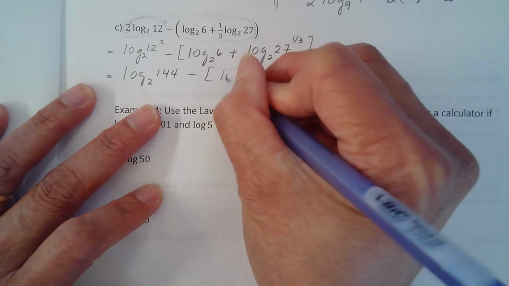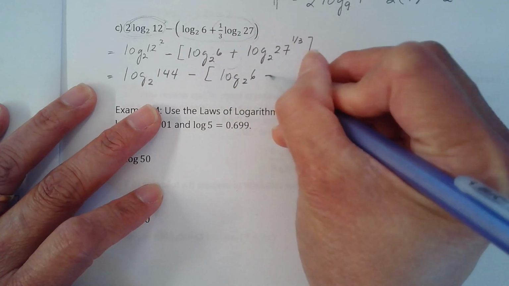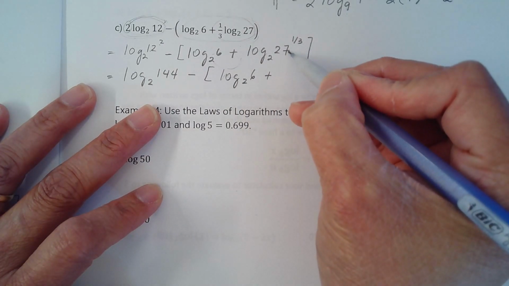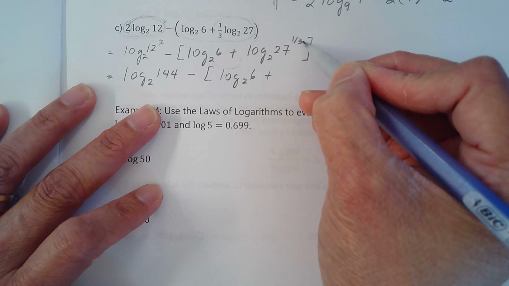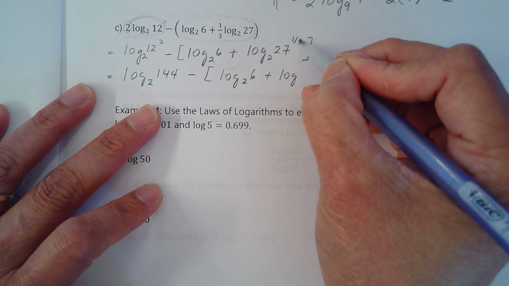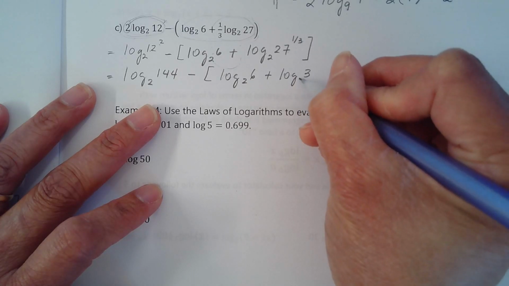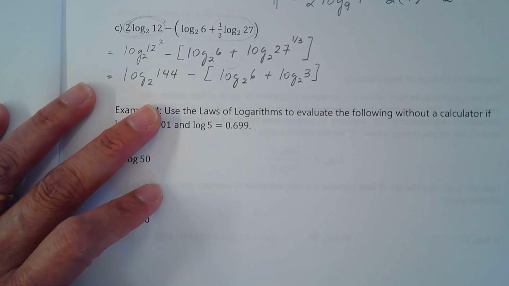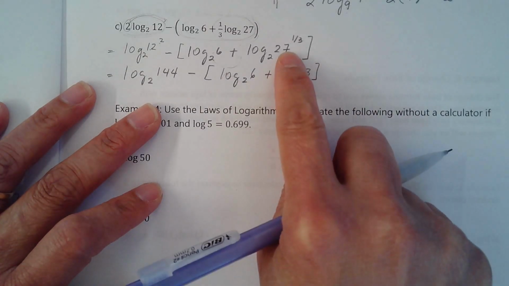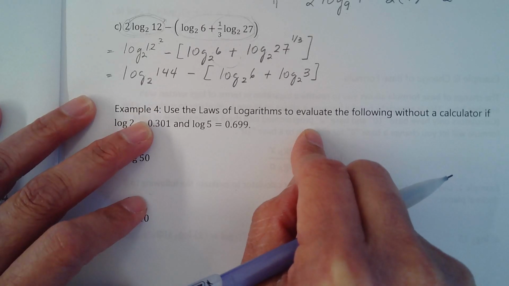This is going to be log 6 base 2 plus, what's 27 to a third? 27 to 1/3, that's the same thing as cube root of 27, which is 3.